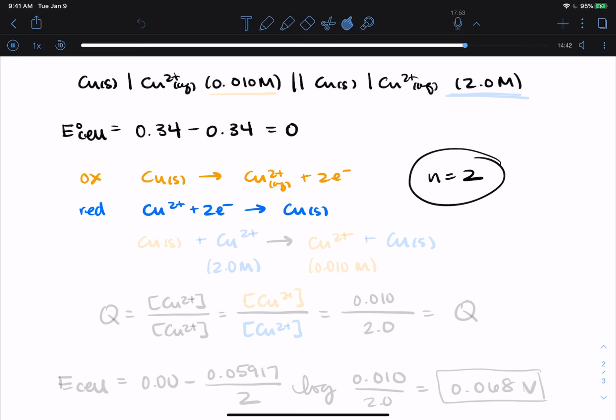And I'm going to write these with the colors, but I'll label everything underneath it. So copper solid in orange plus copper 2+ in blue, turning into copper 2+ plus copper solid. All right. So the reduction half reaction, the copper 2+ is a reactant, and the copper 2+ in the cathode is the one that is 2 molar.